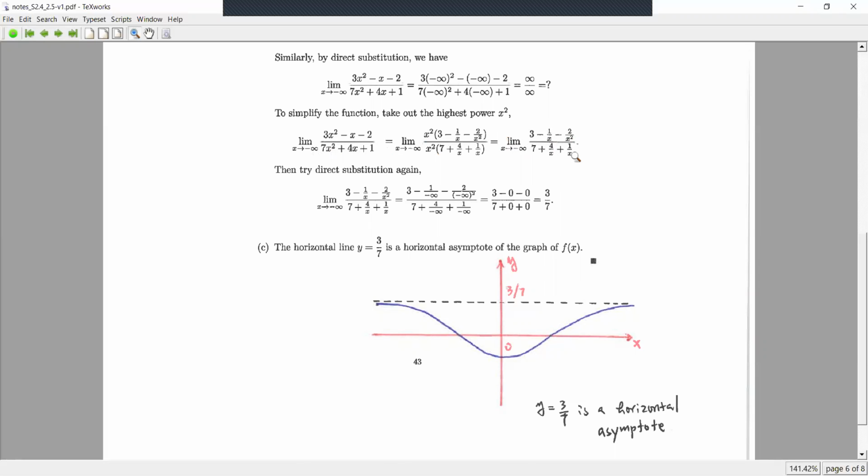Here should be 1 over x squared. 1 over x squared approaches 0. So this limit is this number. This number is 3 over 7. So as x approaches negative infinity, the function approaches 3 over 7. Namely, this infinity over this infinity is 3 over 7.